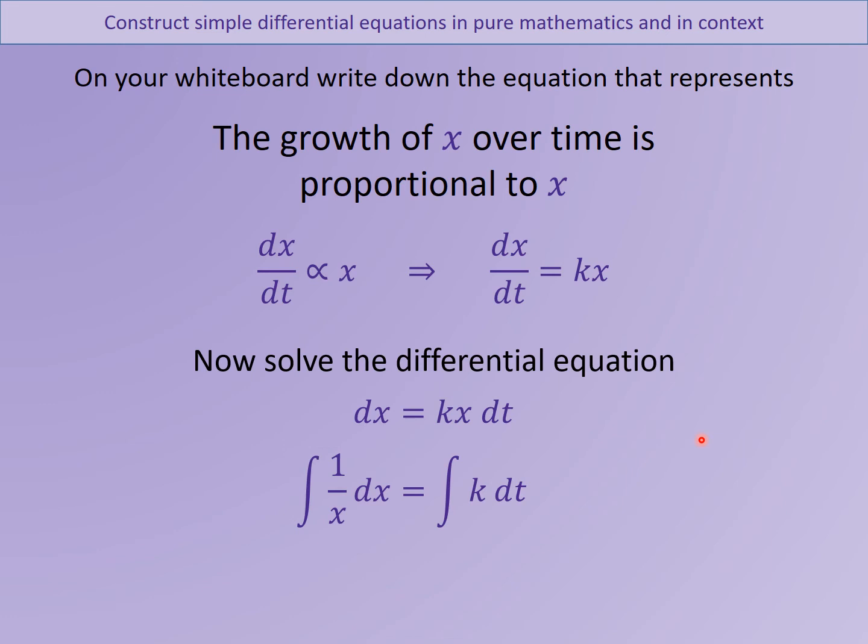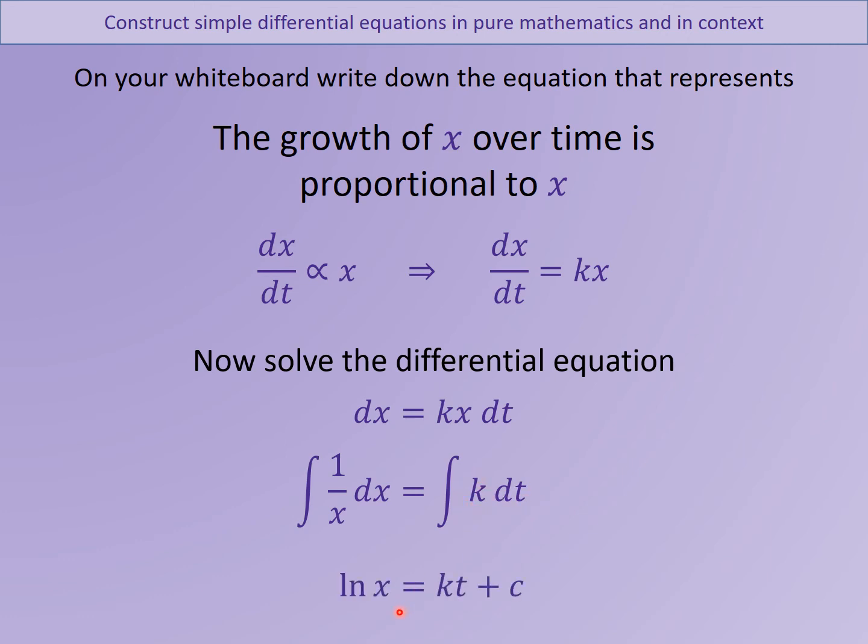So 1 over x I know goes to ln x. The integration of a number in terms of time is just going to go to a number times time. k is a constant here. Don't want to see any k squared over 2. We're not integrating in terms of k. So be very careful.